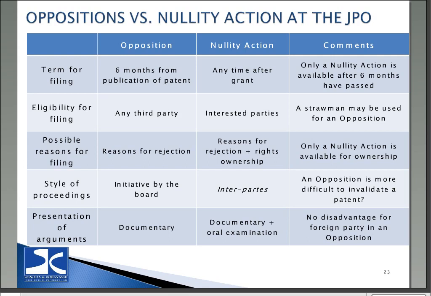The success rate of opposition is about 12%, while the success rate of nullity action is about 30%, so more than double. Although the success rate is not that high, there is a substantial difference. And the proceedings are documentary for opposition, and nullity action is documentary plus oral examination, which is a crucial part.